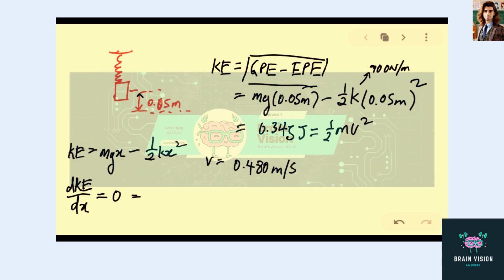So differentiating the kinetic energy with x, we get mg minus kx equals to 0. So it is at a point where the force from the spring is equal to the gravitational force, or the weight.